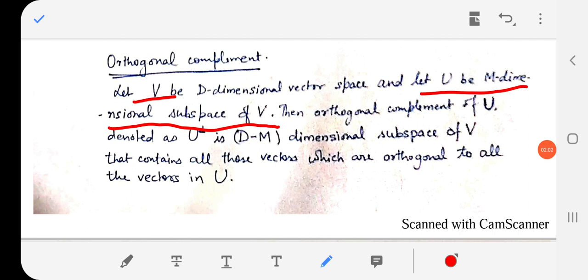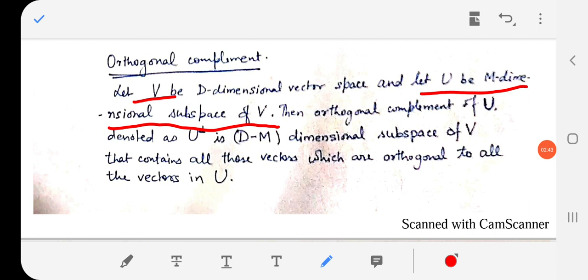You take the set of all such vectors which are orthogonal to any vector in the x-axis, then that particular thing is a subspace, and that is called the orthogonal complement of the x-axis. And interestingly, you might think that any vector in the yz plane has to be orthogonal to any vector along the x-axis, right? So similar to that we are talking here.